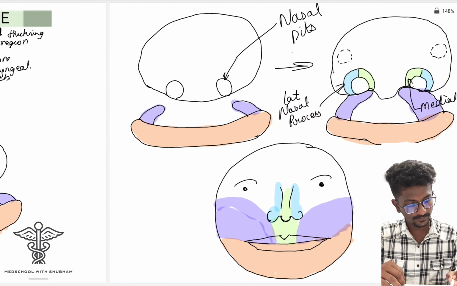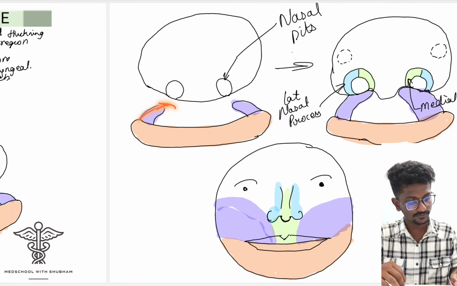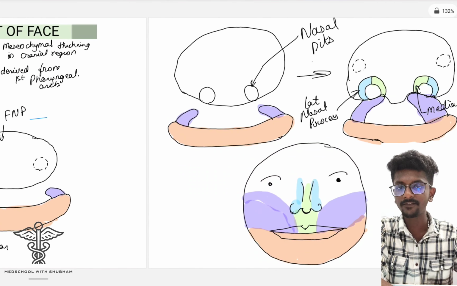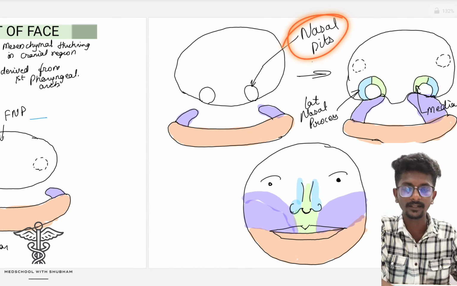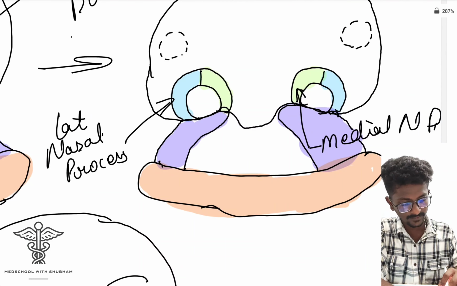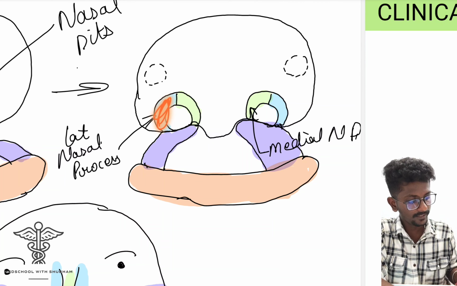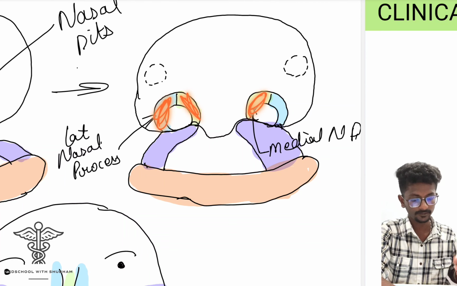From the maxillary process, growth goes towards the upper side, and the nasal placodes develop even further and form nasal pits. The borders of these nasal pits become prominent, and on the lateral side it is called the lateral nasal process. On the medial side it is called the medial nasal process.